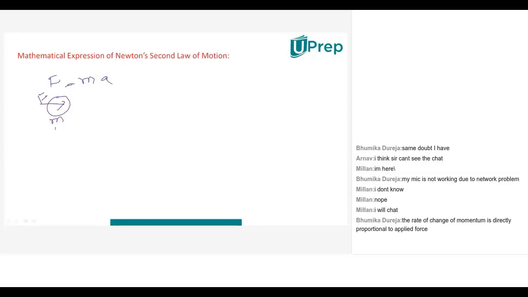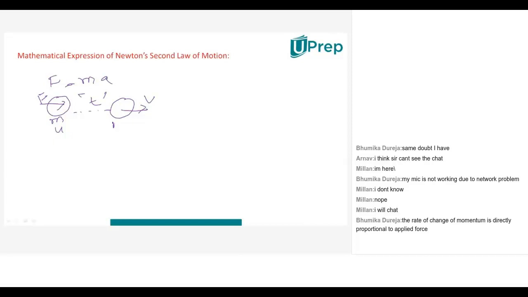So dp by dt means change in momentum by time. So change in momentum we can write as P final minus P initial divided by delta t. Now observe carefully, all of you.